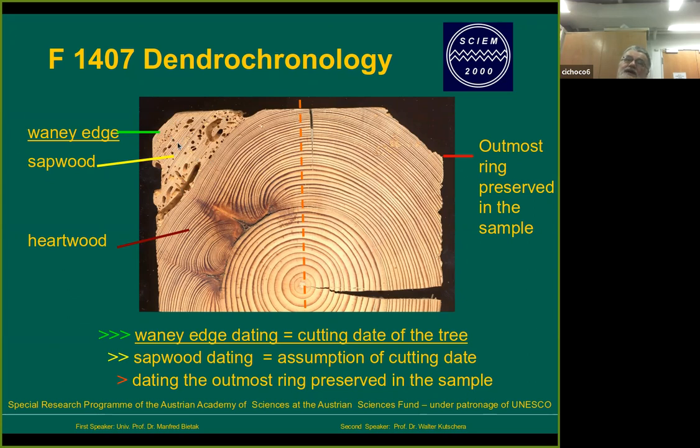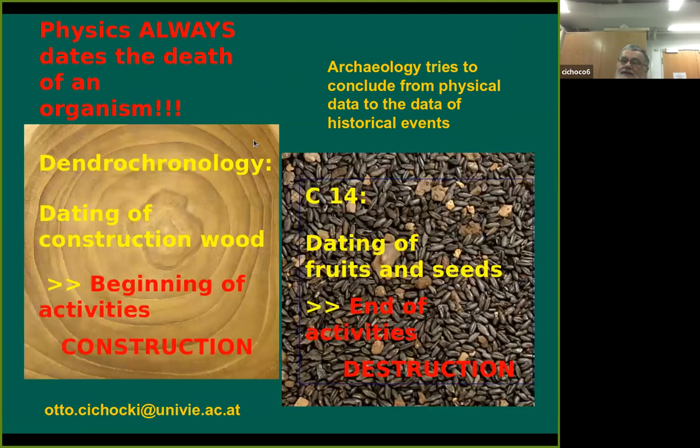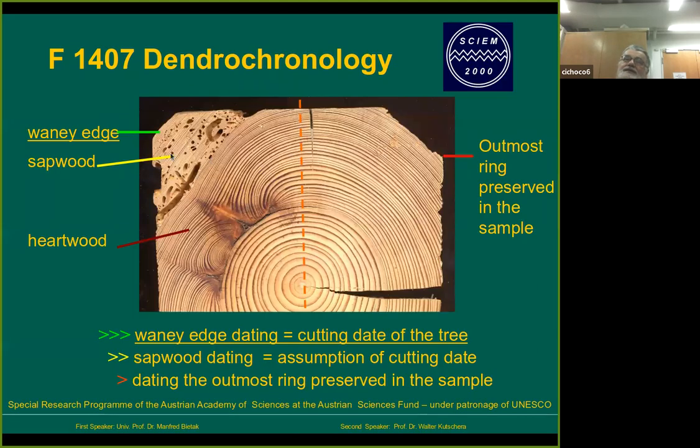Then, of course, you can have a look at the tree species, and you know approximately how many rings of sapwood usually are growing in a certain tree species. And then you can calculate or assume how many rings are missing, and you can approximately say something about the cutting down of the tree.